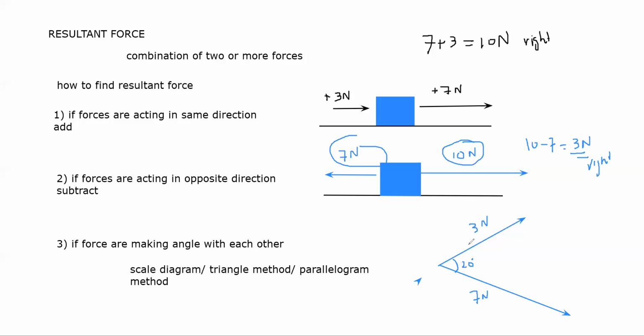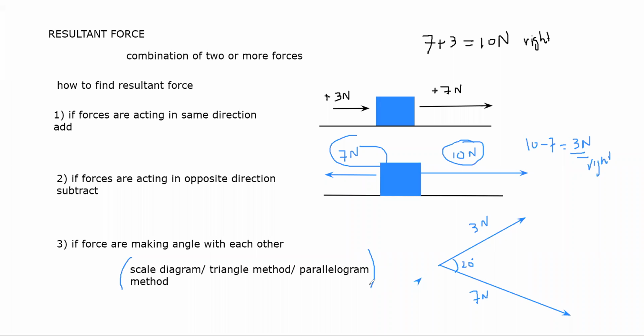I will explain all these three methods in detail, but not now, because the whole topic is a bit different. Later I will explain the scale diagram, triangle method, and parallelogram method.